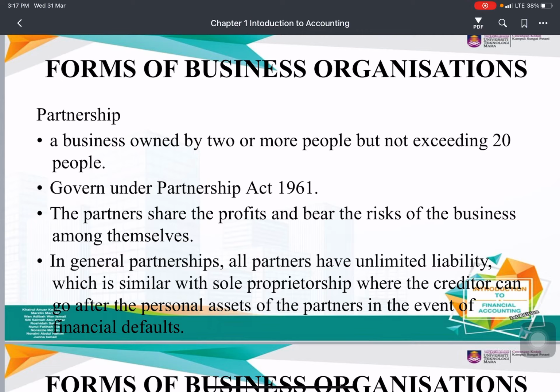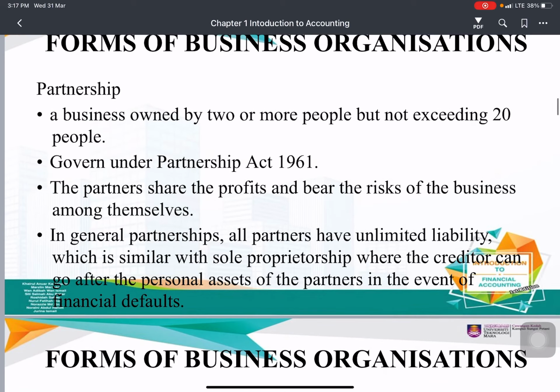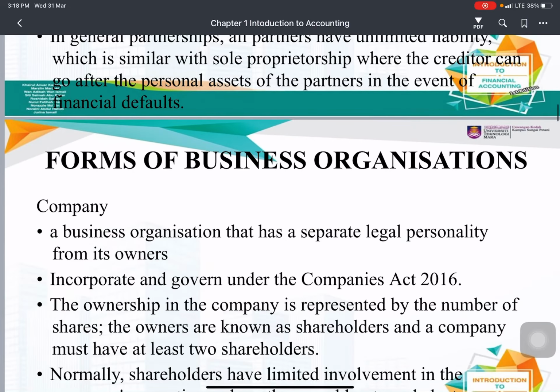In general, we can say that they have unlimited liability, like a sole proprietorship. They can go for your personal assets. But in a partnership, if they have 5 partners, the liability is going to be borne by the 5 partners, whereas for the sole proprietorship, it is only for a single person, the owner.